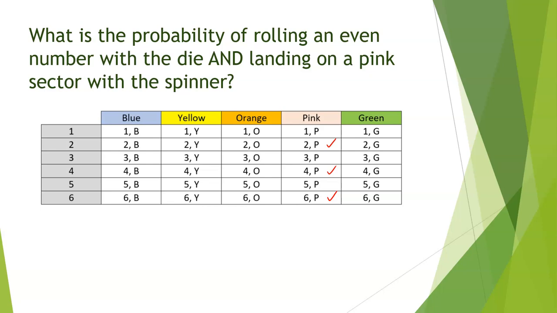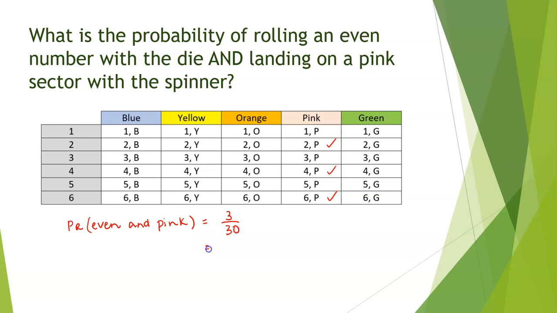So we only have 3 outcomes in the sample space which give us this. So the probability of getting an even number on the die and a pink on the spinner will be equal to 3 out of 30.